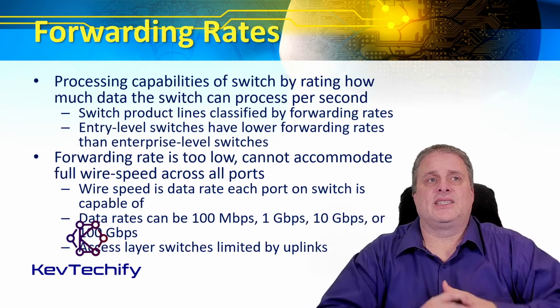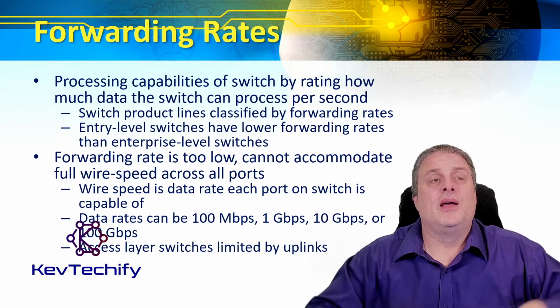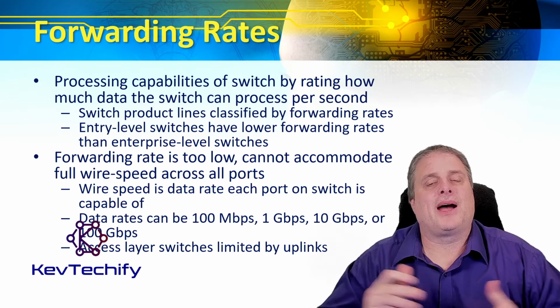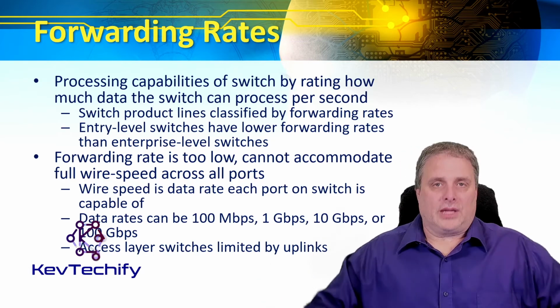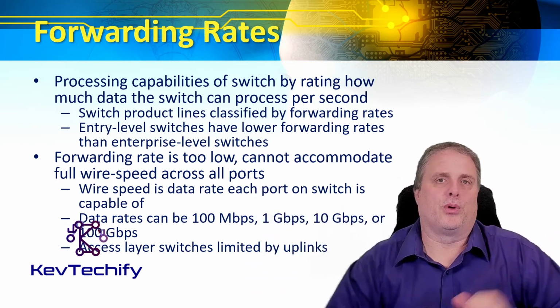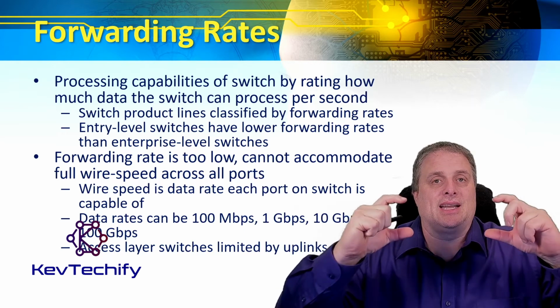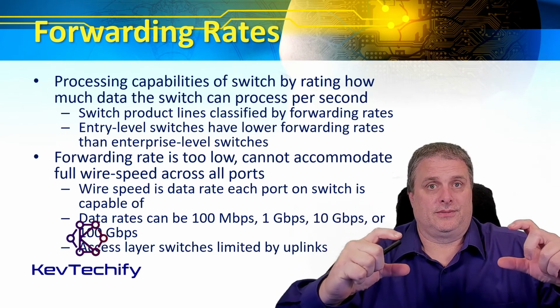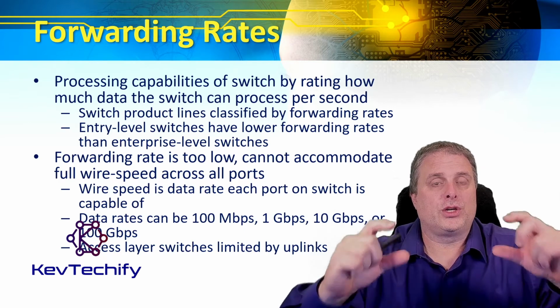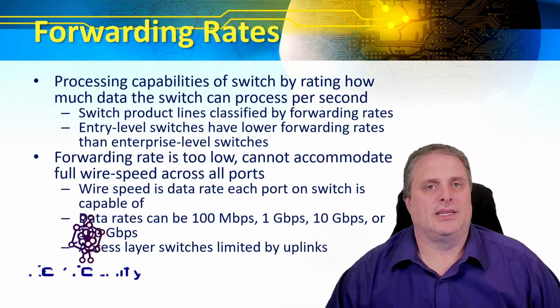These access layer switches typically do not need to operate at full wire speed because they are physically limited by their uplink ports. A lot of times you'll have your 48 ports in your main area, and then you'll have some uplink ports. Those 48 ports will be a gig each, but your uplink ports are only 10 gigs.